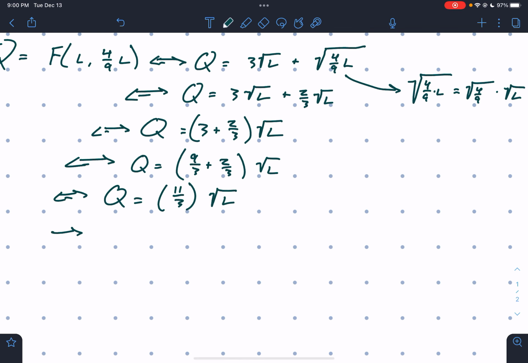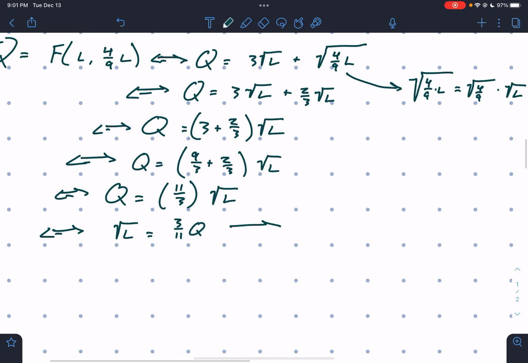Okay, so this means that root L is 3/11 times Q. And the last step, I'm going to square both sides. So I'm going to get L is equal to 3/11 squared times Q squared.